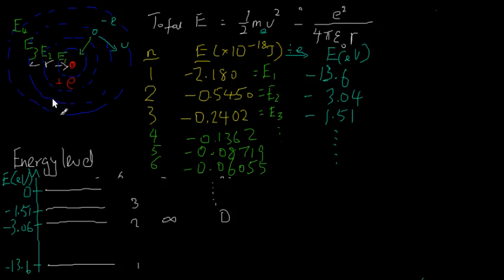So as long as there's a whole number of wavelengths, you can make it as big as you like. So what we have is an infinite number of lines in between. You can imagine that the spacing just gets closer and closer, and you get an infinite number of lines on the way up to zero.